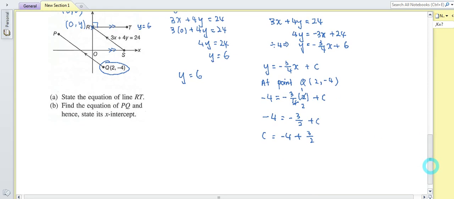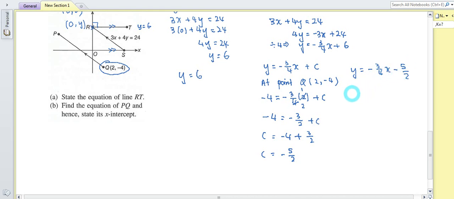Okay, this one you just press your calculator. So the equation will be y equal to negative 3 over 4 x minus 5 over 2.